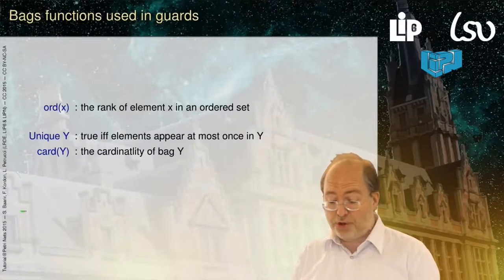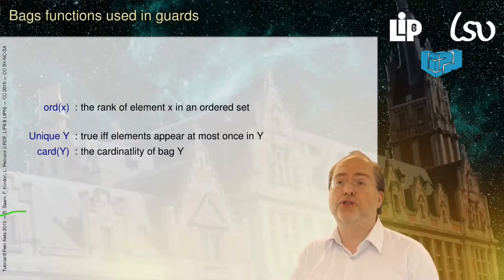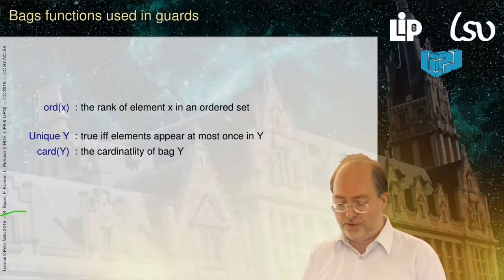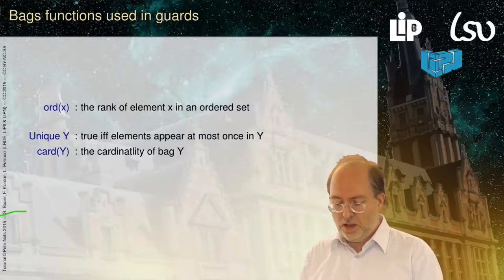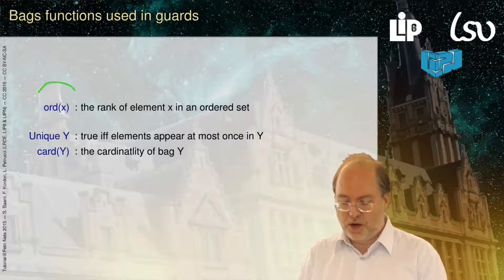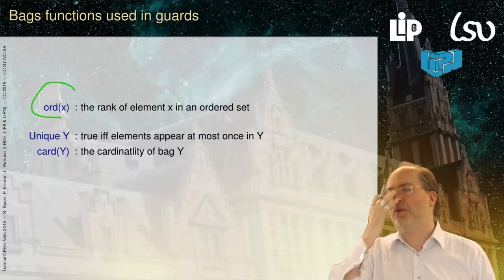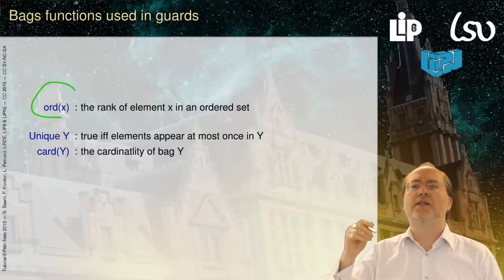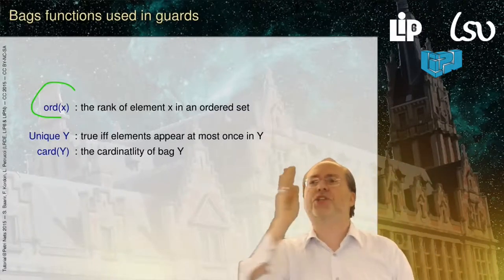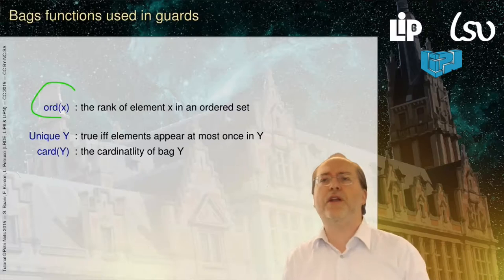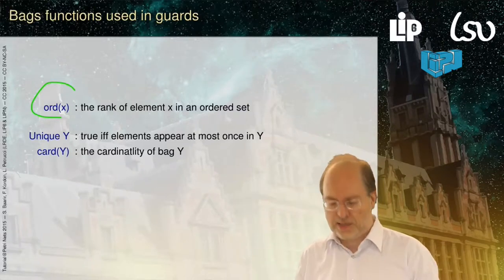And of course you have some other useful functions. You have ORD, which was also available for symmetric nets. It allows you to get the position of the value in the color class.